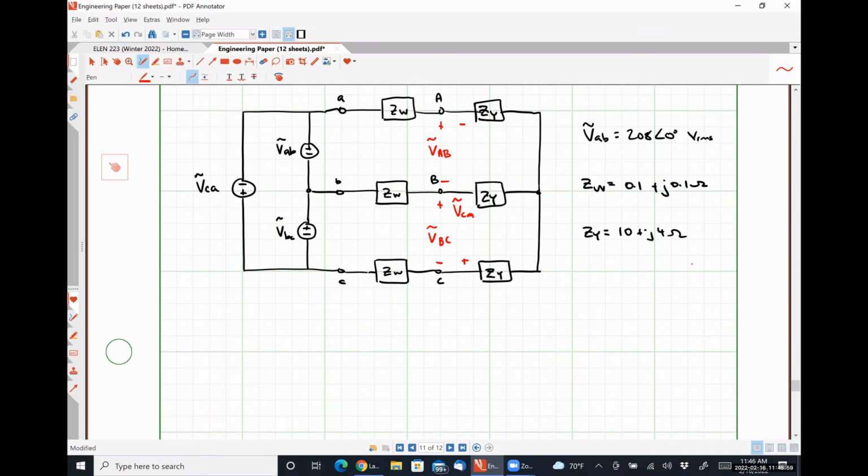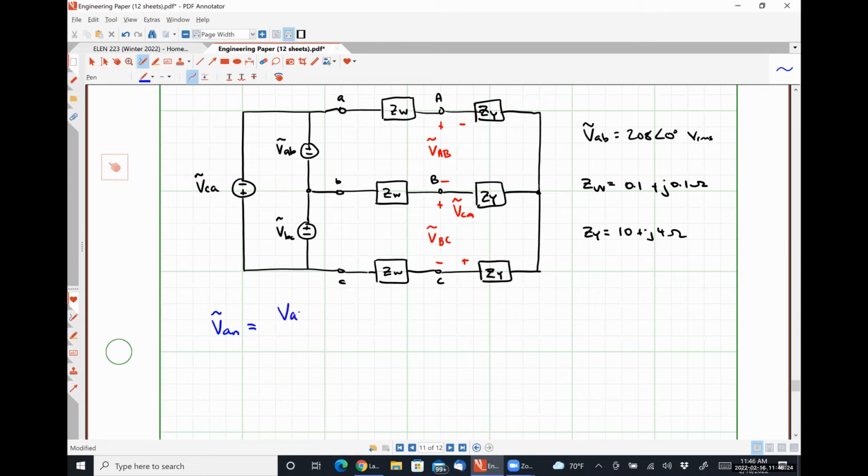So I'm not going to bother redrawing this guy with a Y-connected source. But what are we going to do? So we're given VAB, right? So if we know VAB, how do we get VAN? Exactly right.